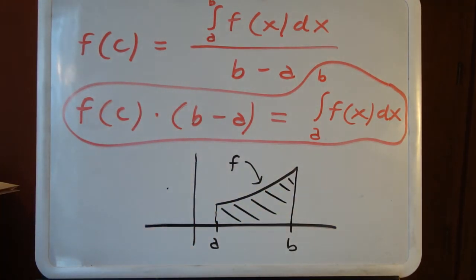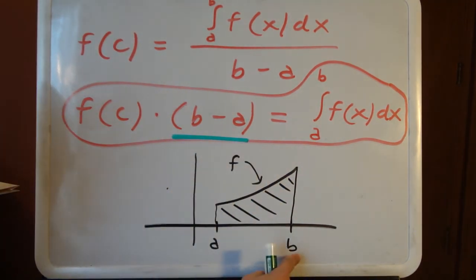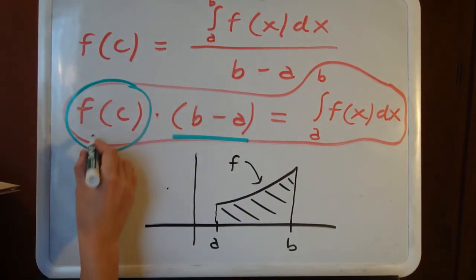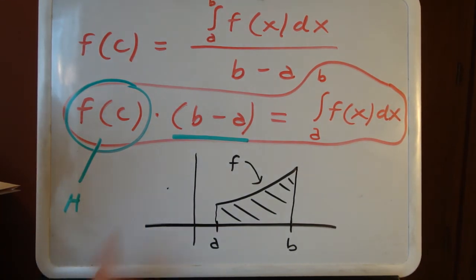And then on the left hand side, b minus a, this is simply the length of the interval, right, from a to b. It represents that width. And then we always interpret things like f of c as a y value. So this here represents a height. So if you think about a width and a height, this reminds us of rectangles. And it's really telling us that there is a specific rectangle where if you take this height and you multiply by the entire width, b minus a, then it's exactly equal to the area underneath the curve.